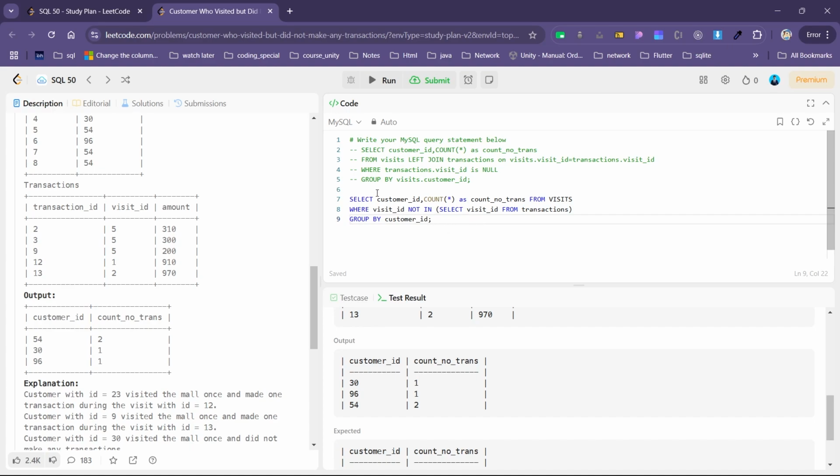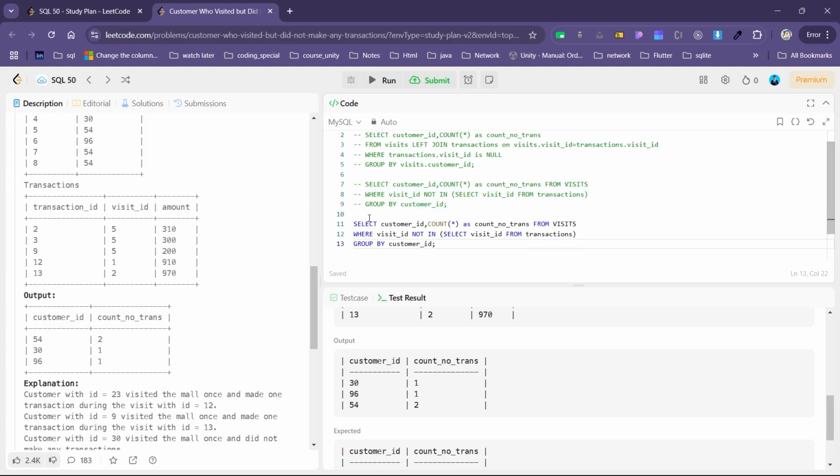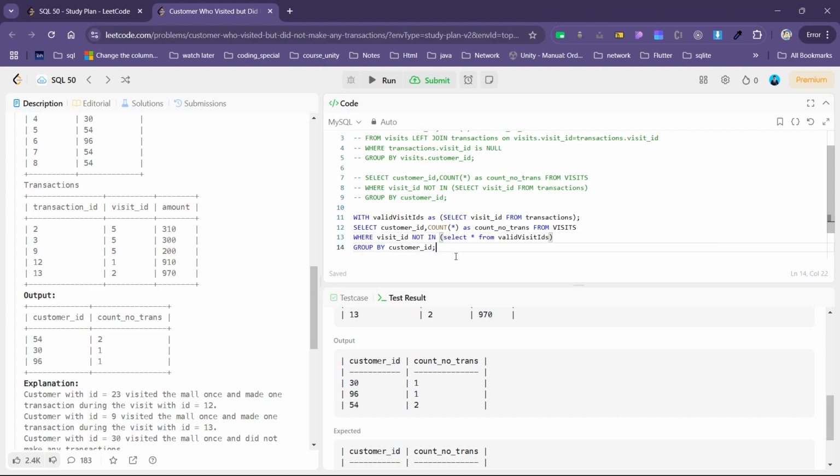What I mean is that we'll create a cache beforehand, that is with valid visit IDs as. Now we'll select only the visit ID beforehand, and then from this temporary table we will select everything.